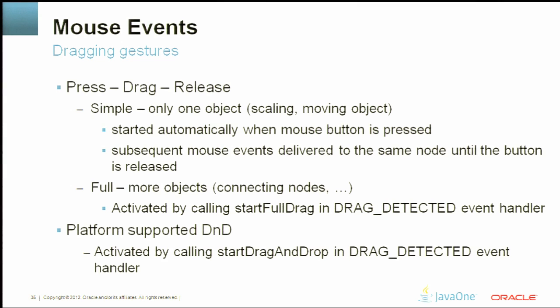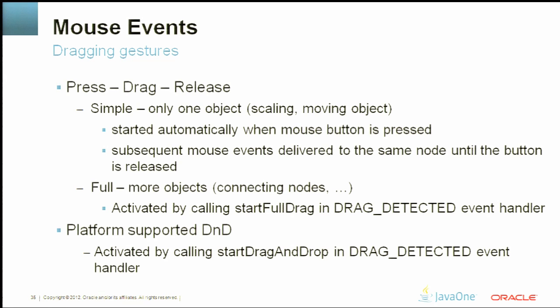You can use this when you want to move the object around the scene or scale it, and so on. Then there is something we call the full press-drag-release gesture. You start it when you call startFullDrag in the drag detected event handler, and you use this when you want to manipulate more nodes in the scene graph by dragging.